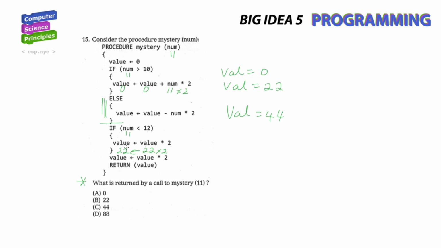And then after this, this is really relating to here. After this, the value, which is 44, is given the value of 44 times 2, which is 88, and then it returns the value 88. So that is our answer. 15 is D.